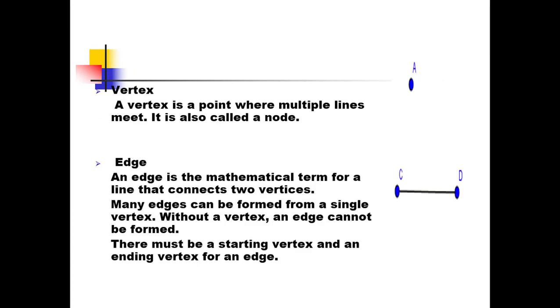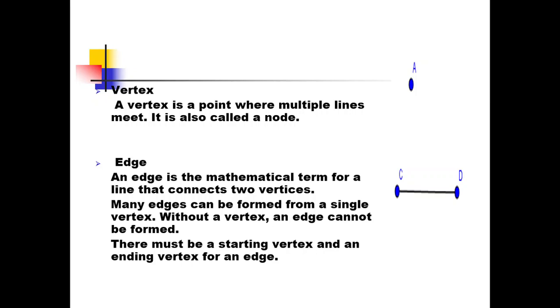So let us derive the definitions of vertex and edge, because it is a very important topic for defining a graph. A vertex is a point where multiple lines meet. It is also called a node. Now, an edge is a mathematical term for a line that connects two vertices.